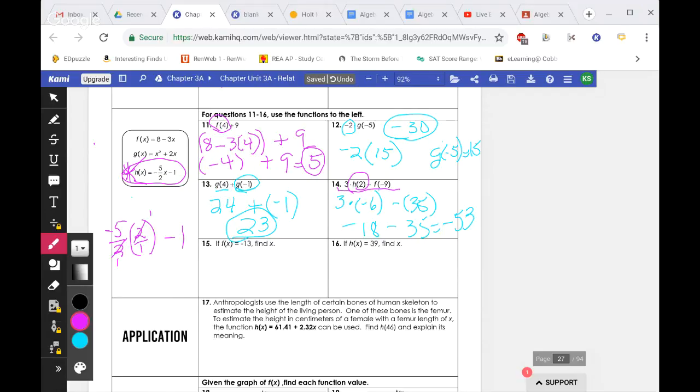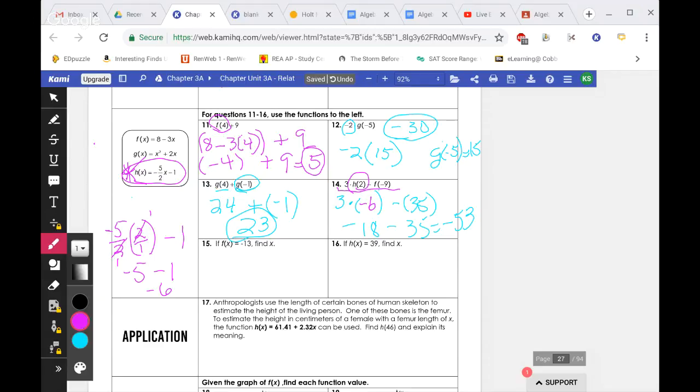So I've got -5 times 1, which is -5 over 1, which is still just -5, minus 1. So that value is -6. So over here in my equation, I plugged in a -6. Do you get that part? Yes.